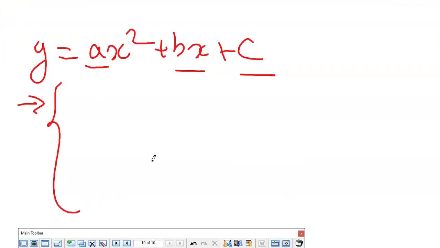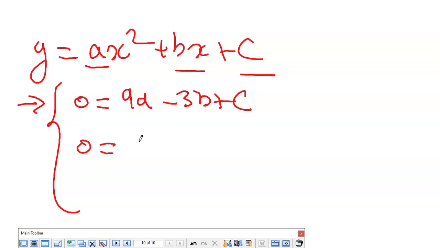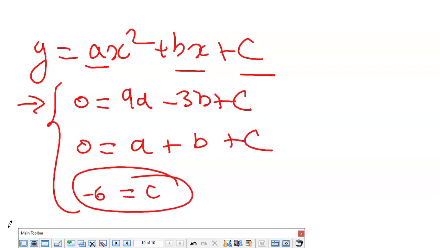So let me see if I still have time. If I replace by the first point, I have 0 = 9a - 3b + c. This is the first equation. With another point, 0 = a + b + c, and the last point gives -6 = c.